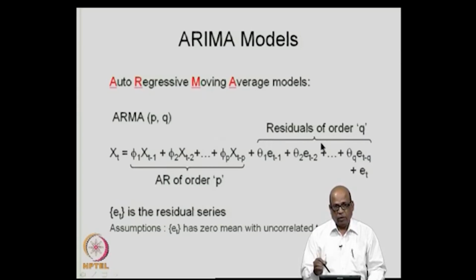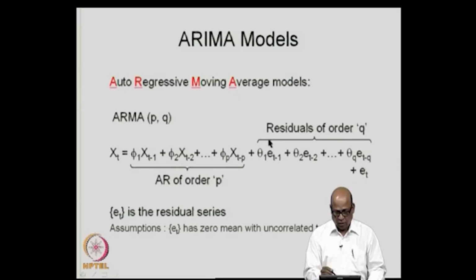The moving average in the context of ARIMA models is not the same as the moving average that we discussed earlier, when we were talking about taking averages in windows moving across the time series. This has a slightly different connotation here. We talk about moving average in the context of the residuals that result from the model. So, you have q number of moving average terms, theta 1 E t minus 1 plus theta 2 E t minus 2 plus etcetera, theta q E t minus q.